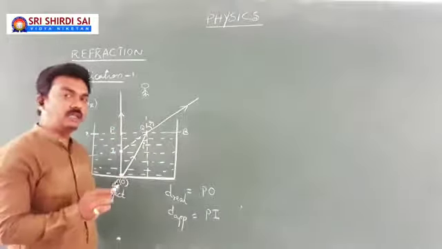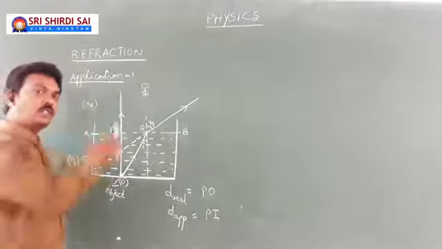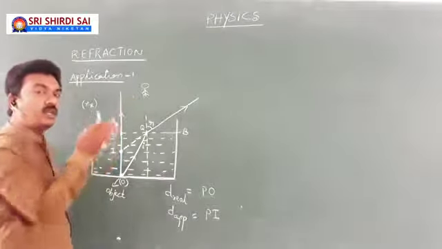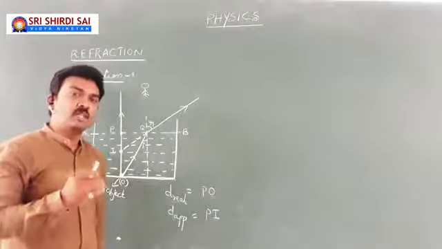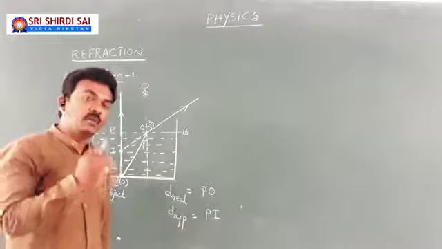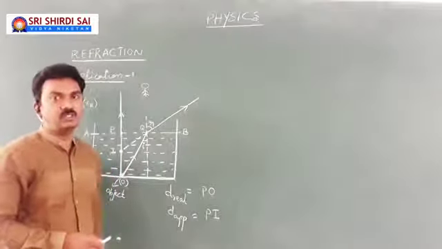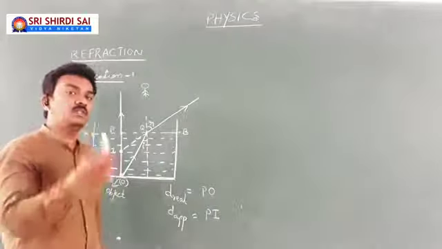Of course, we have dealt with another case, object in rarer medium, observer in denser medium. Then the observer in denser medium will find the object in rarer medium away from the interface. So the apparent distance is more in that case.